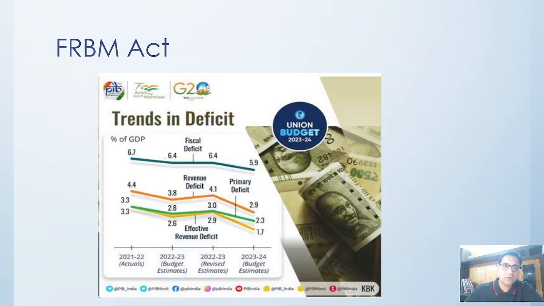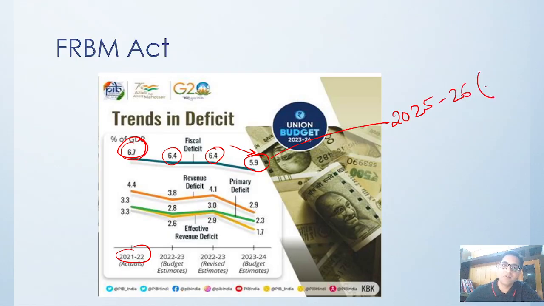So if you can see here, in 2021-22 fiscal deficit was 6.7%, COVID years. Then in the budget estimate it came to 6.4%, revised estimate it is 6.4%, slowly it is going down and it is 5.9%, and we are expecting that by 2025-26 we are going to get 4.5%. This number is going to reach 4.5%.